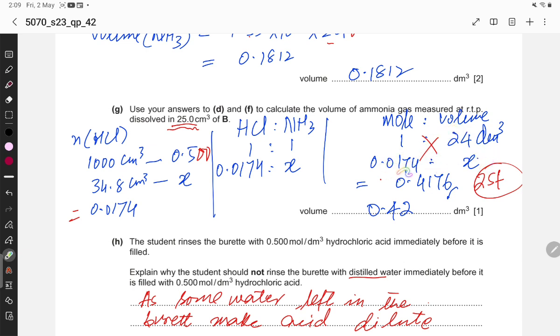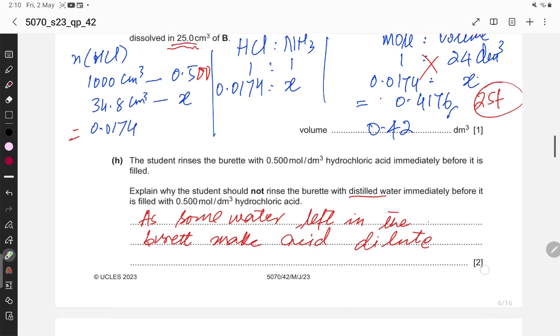By cross multiplying, we have 0.4176 dm cube volume of ammonia in solution B. So we need to write this down in two significant figures. So we should write down 0.42 decimeter cube volume.